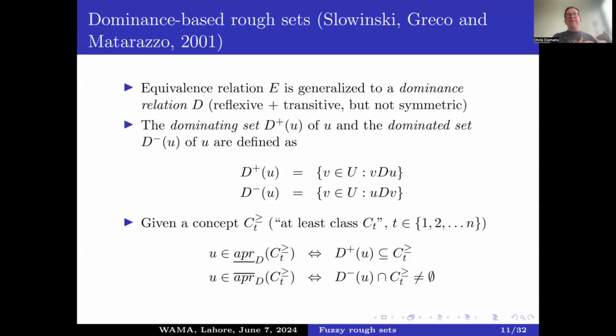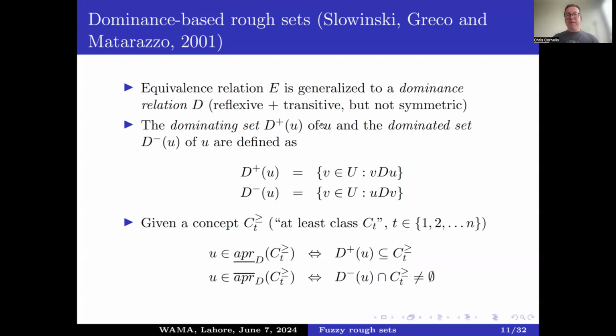Okay, so that was concerning the first type of inconsistency. Remember, we also had the second type, which was about dominance and about monotone classification. Well, to handle those, an extended theory was proposed by Slowinski, Greco, and Matarazzo in the beginning of the 2000s, where the equivalence relation, which is reflexive, symmetric, and transitive, was generalized to a dominance relationship. So basically, we sacrifice symmetry because dominance is not necessarily symmetric.